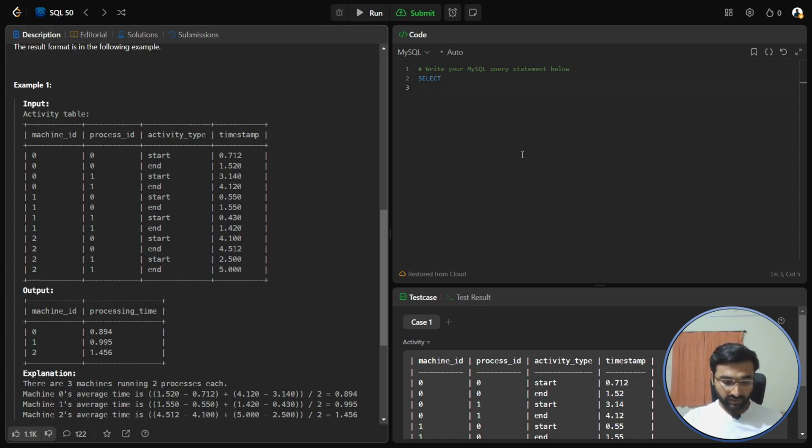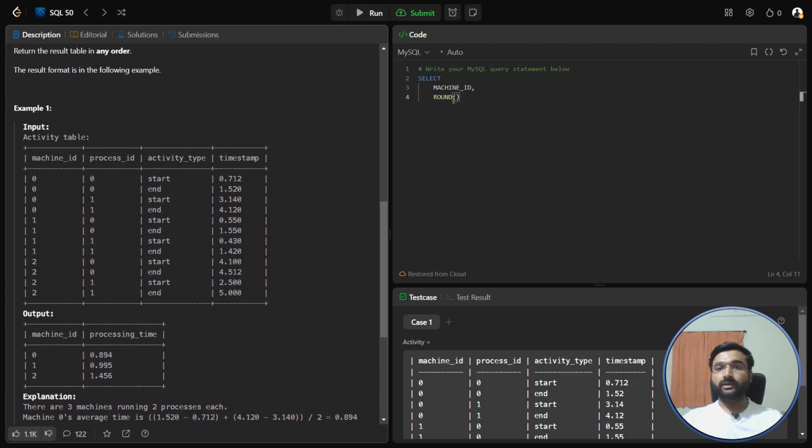So I'll write machine ID, comma, round. Round is a function which we use in SQL to do some calculations in the output. So I can do anything: sum, average, minus, difference, anything. In this we'll calculate the average.